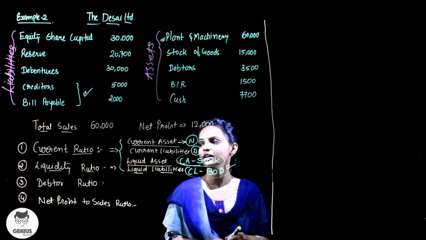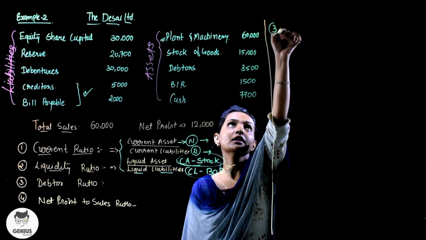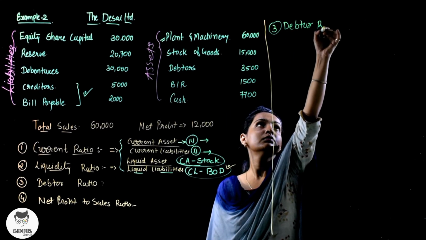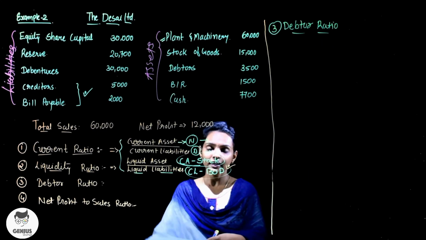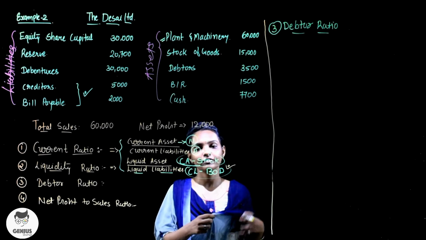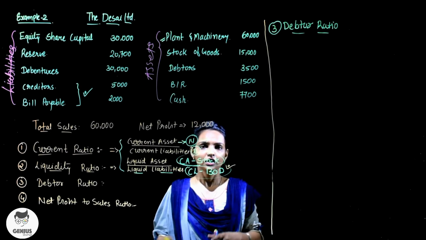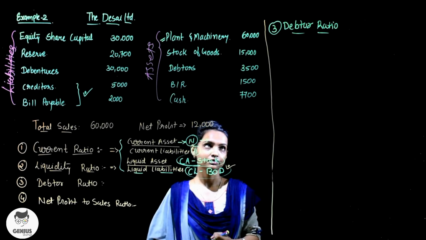Now our third ratio is debtor ratio. What is the formula of debtor ratio? Debtor ratio is used to see how efficiently your management is working, in how many days you can collect your payment from your debtors.